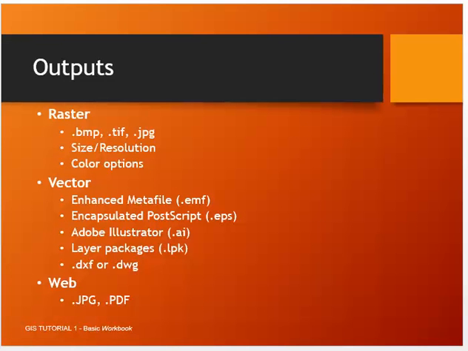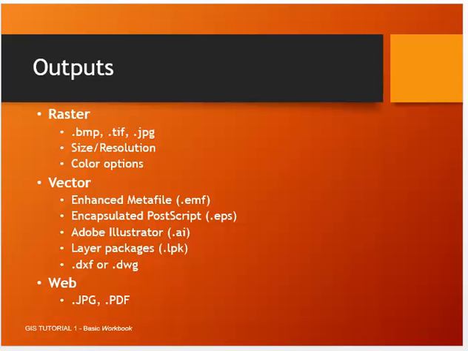There are several different graphic formats that you can export your maps out of. I prefer that they be exported out of the layout view, just because then you get all of your text elements like your title and your legend and stuff. But there are three basic families of file formats: a raster format, which is basically an image, bitmap, JPEG.